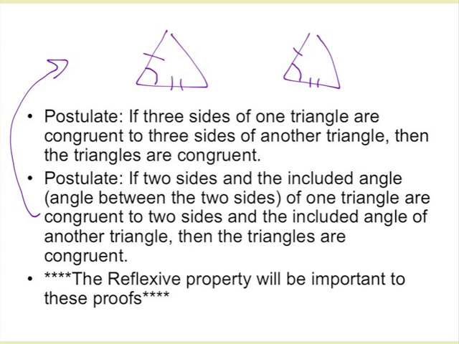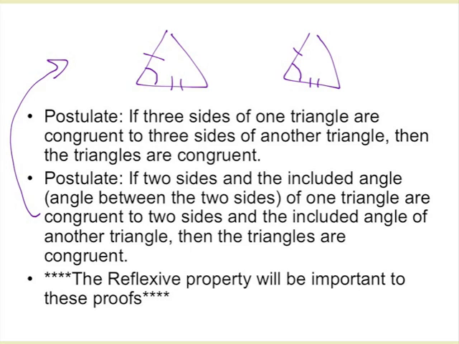It's the angle that makes those sides. And it has to be that one. One of the other angles isn't going to work for us. We have to have a side, and then an angle, and then a side, all connected to each other like that. Okay? And it says if we have that, then those two triangles are congruent, which means that all the parts that we didn't really know anything about, those parts have to be the same as well.